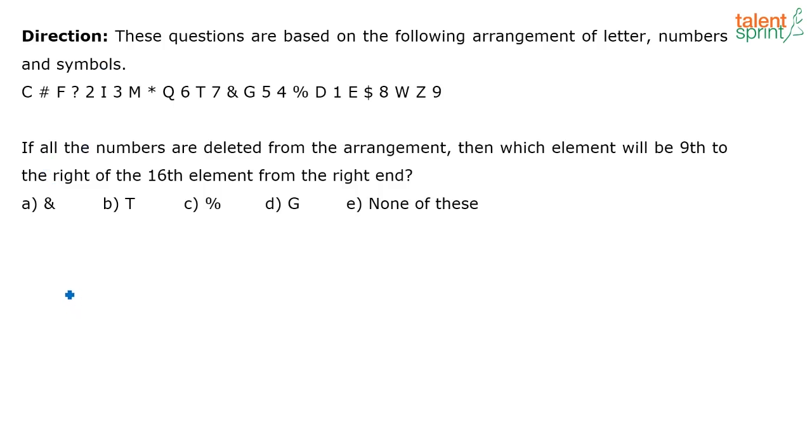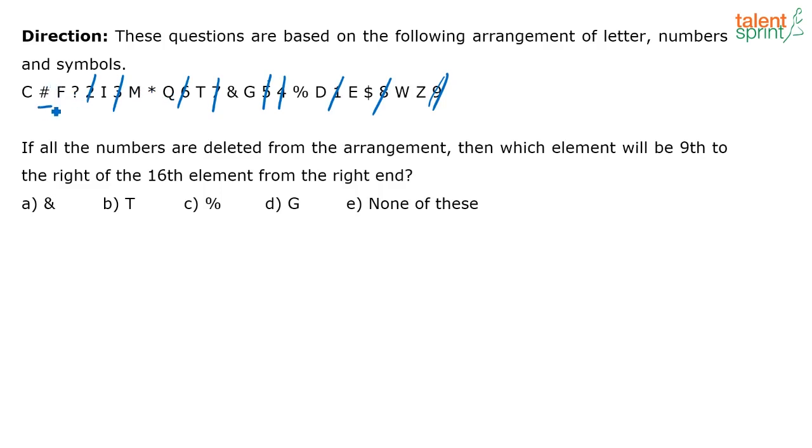So if you delete all the numbers, what will you get? Let me delete them right here. Now I have deleted all the numbers. First let me find the 16th element from the right: 1, 2, 3, 4, 5, 6, 7, 8, 9, 10, 11, 12, 13, 14, 15, 16.